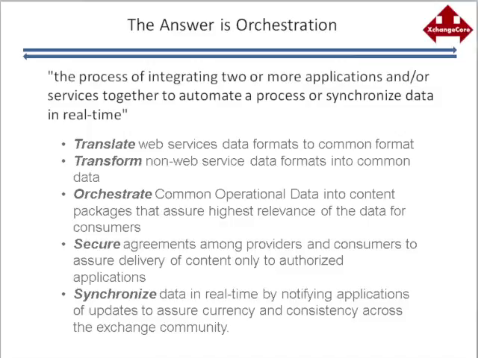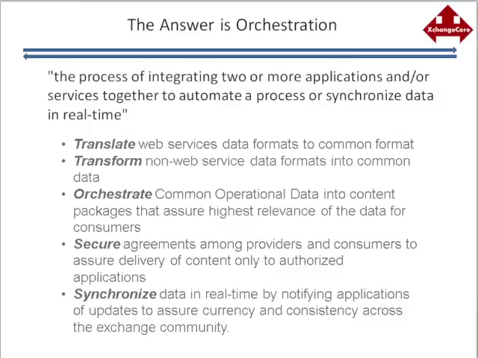But I'm never really sure that everybody's looking at the same thing. What orchestration through XchangeCore assures is that data is synchronized across applications in real time, because XchangeCore provides a notification that something has changed.